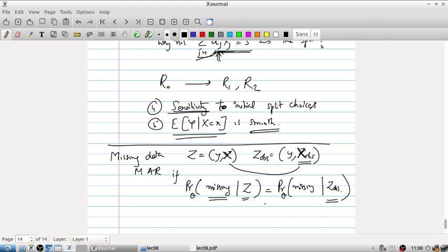All it's saying is, the reason why an entry is missing is not because I measured that number and kind of forgot to capture it. It's basically like saying I had a very high value, so I deleted that. You should not do that. That's what missing at random means.